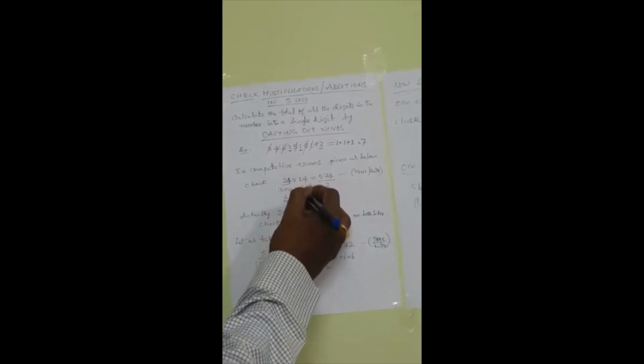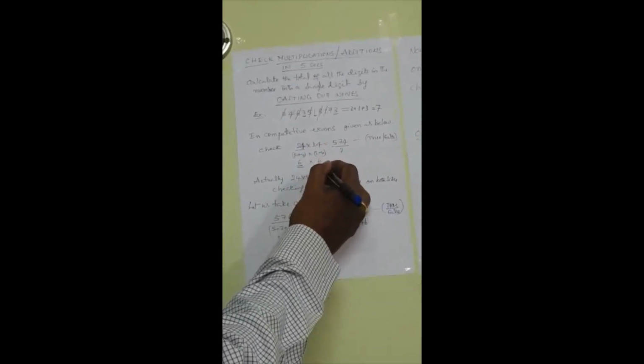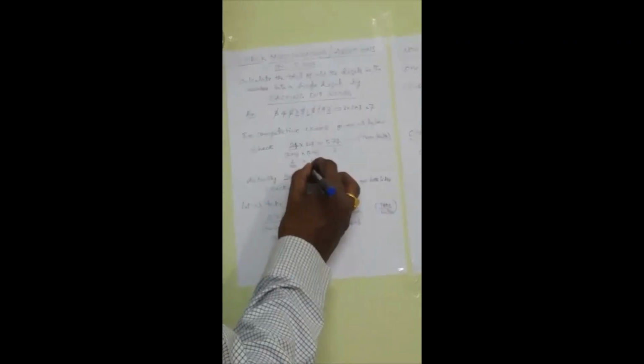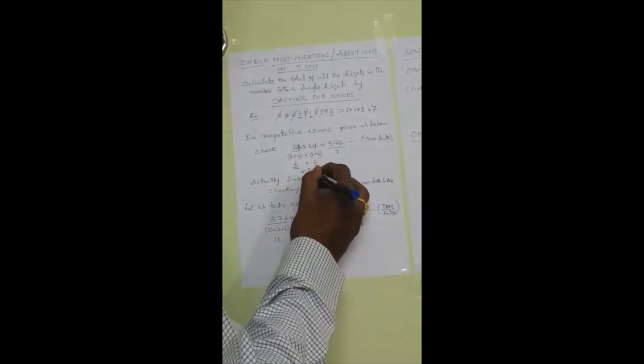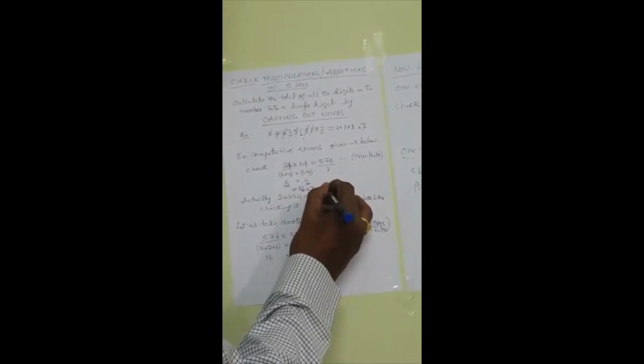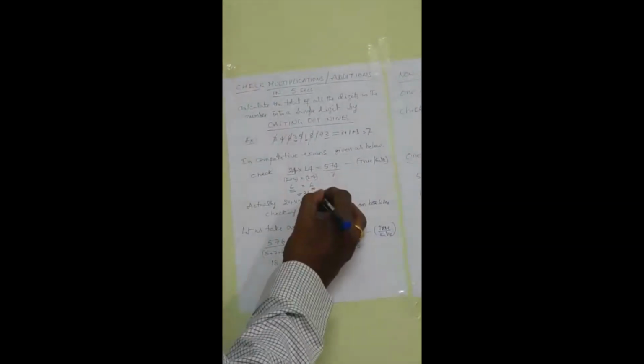Here also, into 24, 2 plus 4 is equal to 6. This 6 into 6 is 36. Now again, 3 plus 6 is equal to 9. So here the single digit is 9.